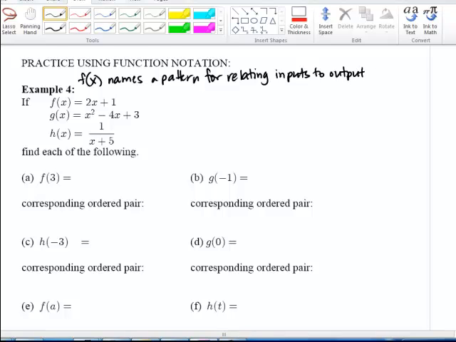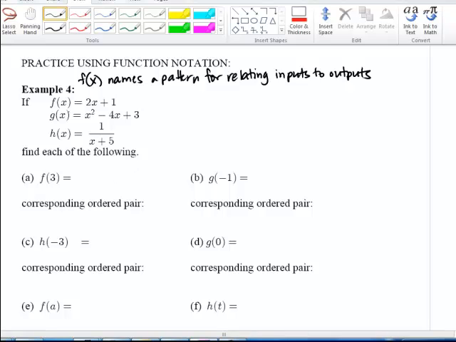And the standard names that are used are f and g and h, but you can use any letter you want for the name of the pattern. The value sitting next to the function name is the value used for the input. So the standard input is x, but when we put a 3 next to that f, that's going to mean let's put a 3 into the pattern where the x is and see what we get.